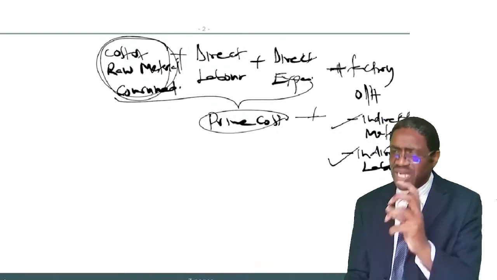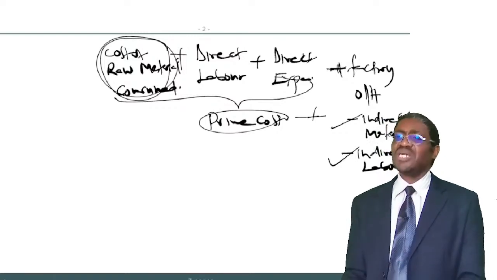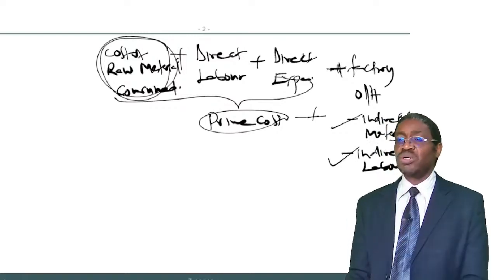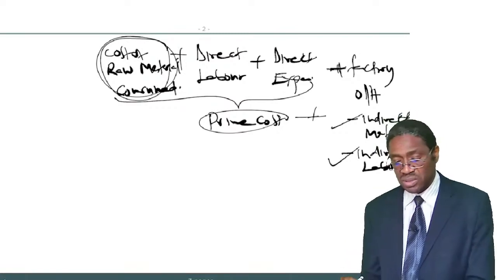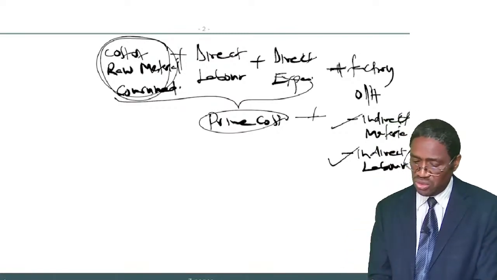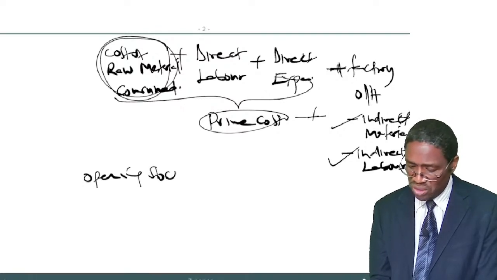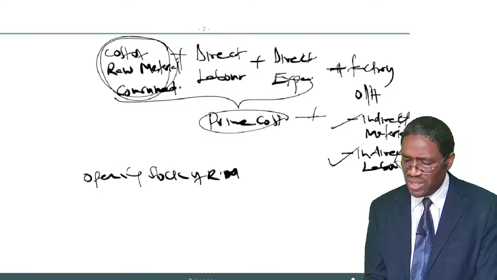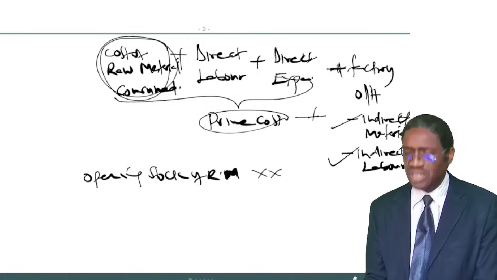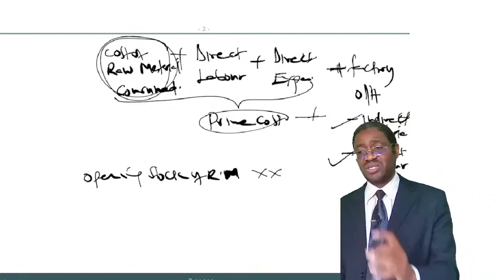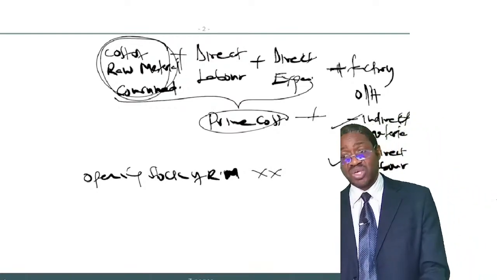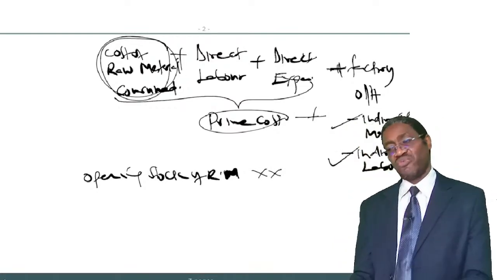How do you calculate the cost of raw materials consumed? We take what we call the opening stock of raw materials. How much were the raw materials that were there at the beginning of the year? We call it opening stock of raw materials.